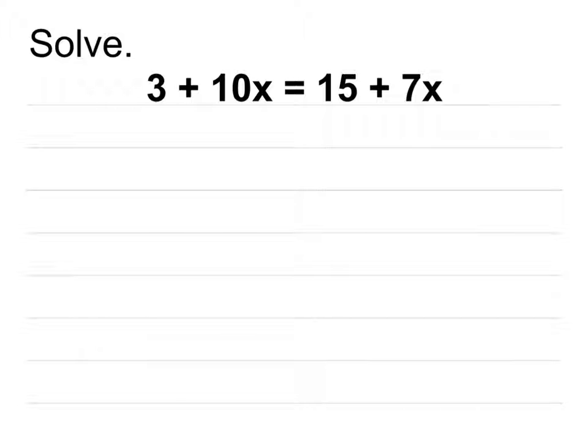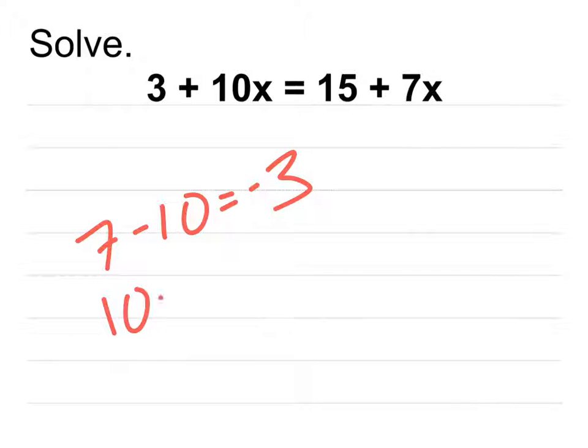What undoes addition? Subtraction. Now, one of those is going to give us a positive number when I subtract it. What's 7 minus 10? 7 minus 10 is negative 3. 10 minus 7 would equal a positive 3.